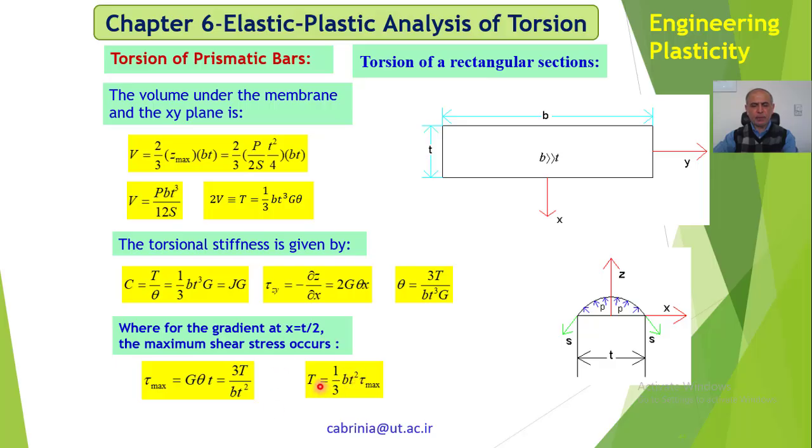And then the torque T is 1/3 of b t squared tau max, because here we have substituted for that.